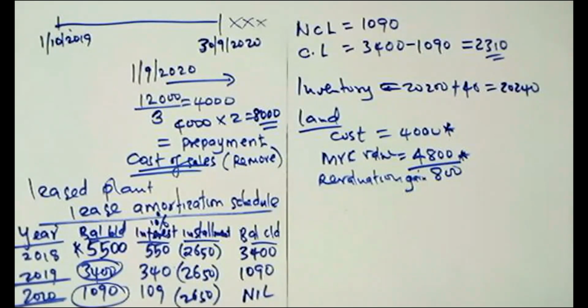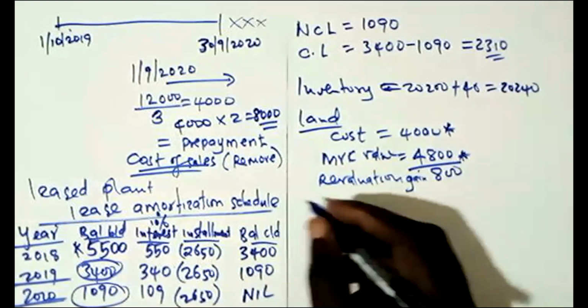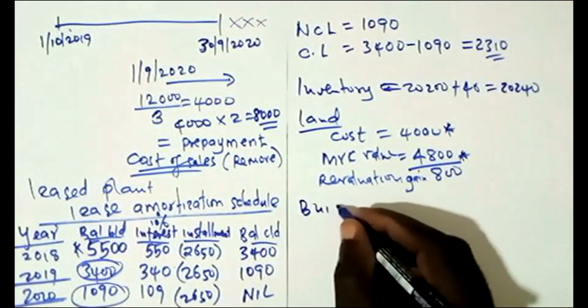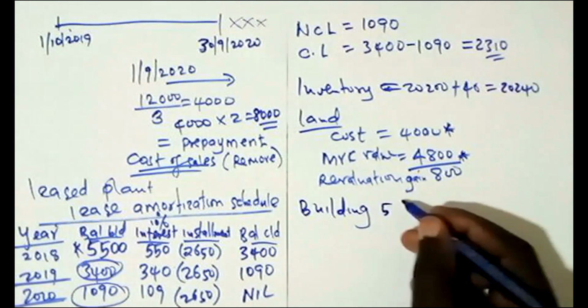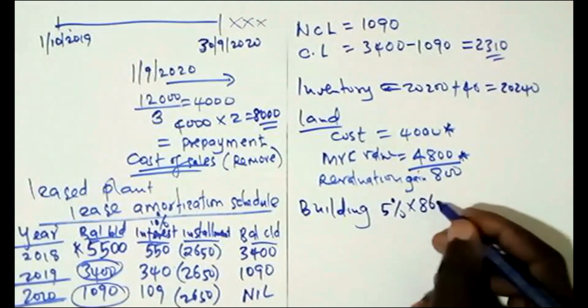So the total for land and building is 12,600, and you deduct the 4 million for land, so 8,600 is for building. So when I am doing my depreciation on building, you take your 5% of the 8,600.